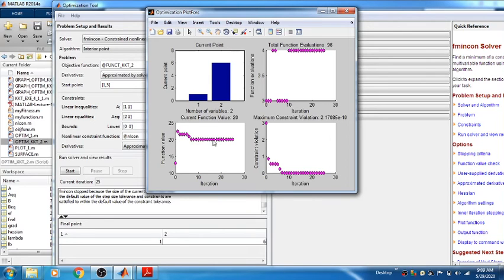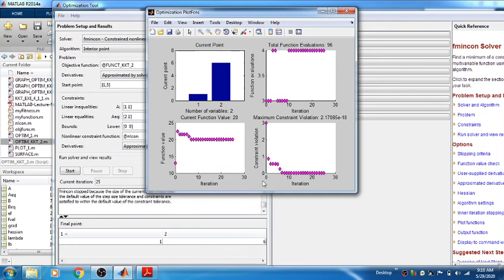After a few iterations, every time it is going in the right direction. Okay, the constraint, you can see, initially it was this much violation, now it is zero violation, right?